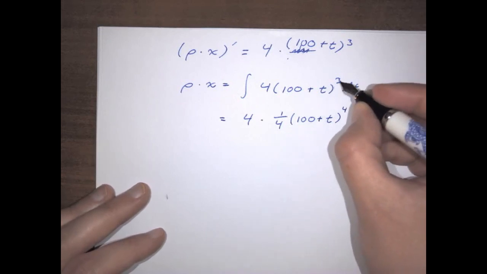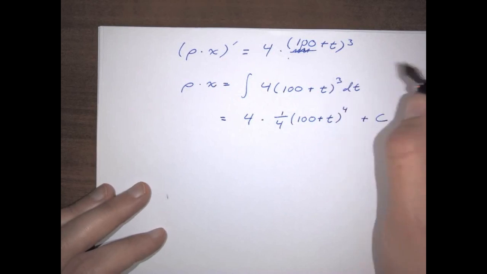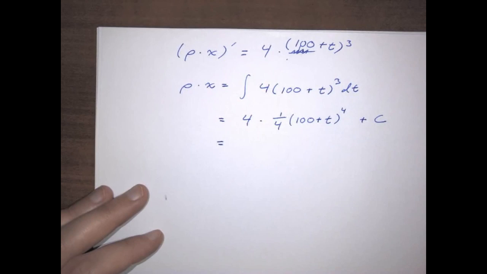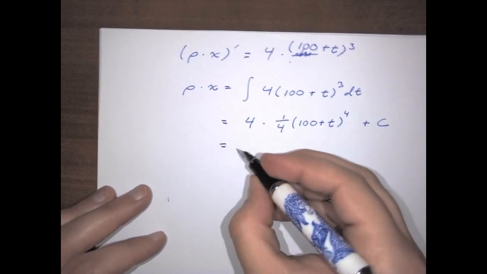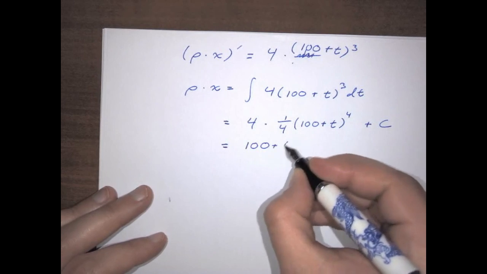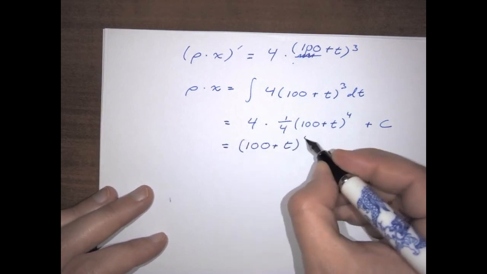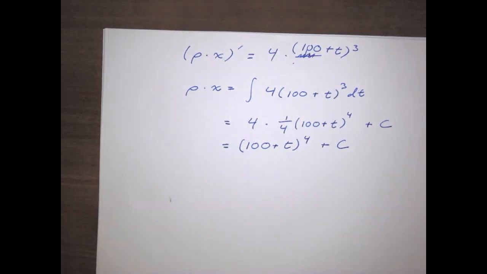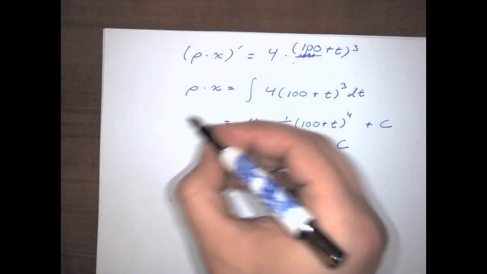So that's me just adding 1 to this power, dividing by that, etc. And so then that's going to cancel, and we're just going to end up with 100 plus t to the 4th power plus c.